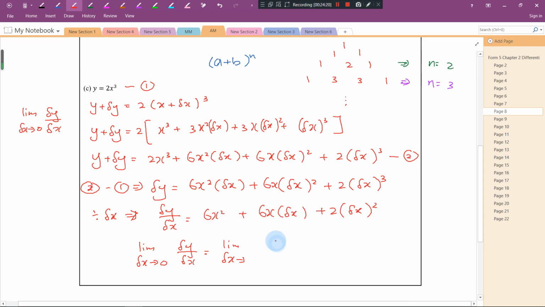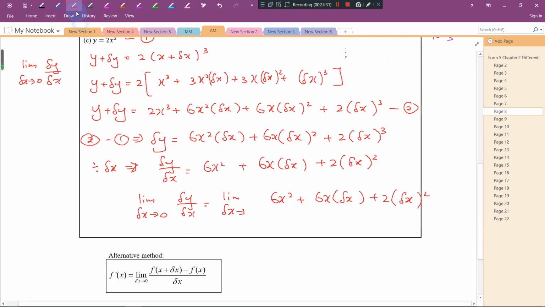So this whole thing we just copy. Okay. So remember what I told you just now, normally we do not write it this way, we represent it by using dy by dx. Oh, I forgot to write the 0 over here.